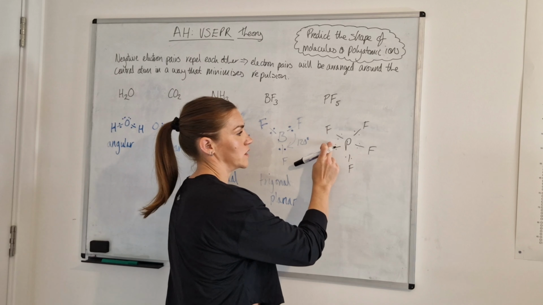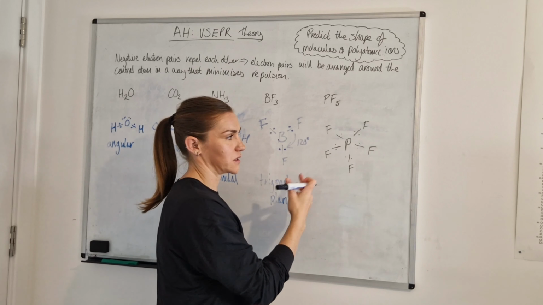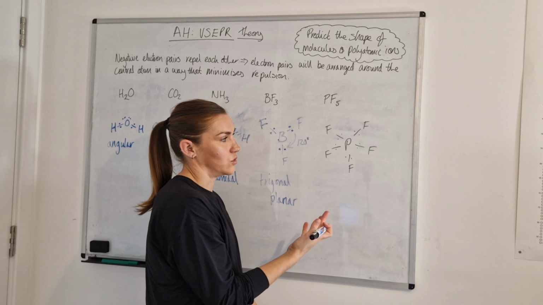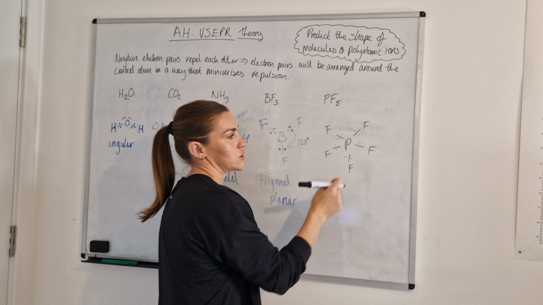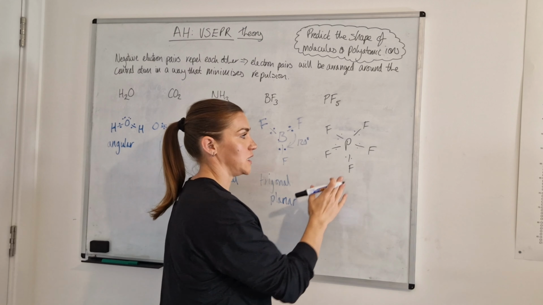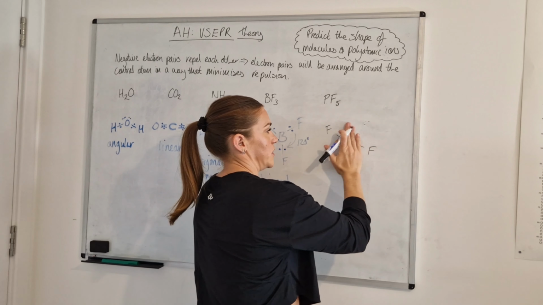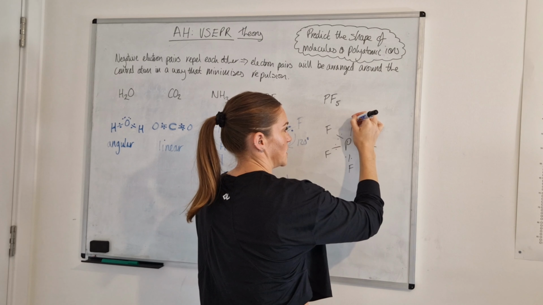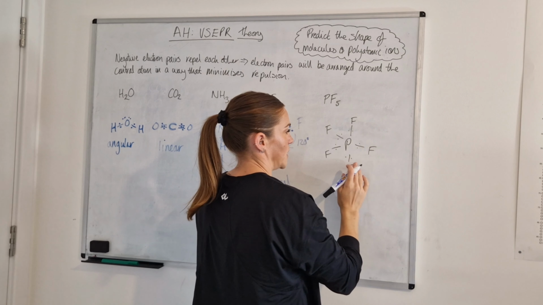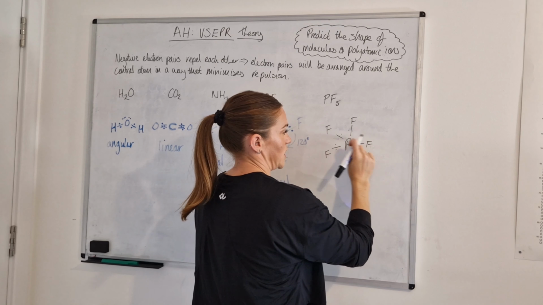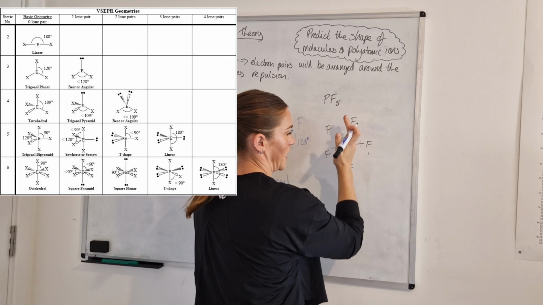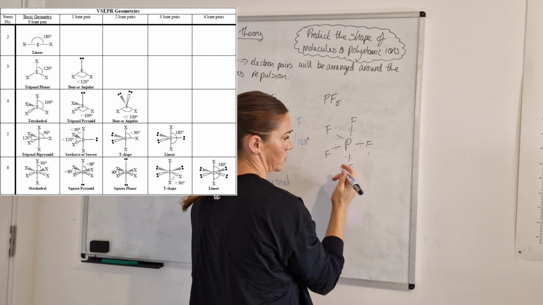We've drawn in 1, 2, 3, 4, 5, 1 is given to each bond, so there's no lone pairs here. So that means that these bonding pairs will all space themselves out equidistantly, and this structure in 3D space is known as trigonal bipyramidal. So it kind of forms the triangle shape in the 3, and then these atoms are in a straight line.